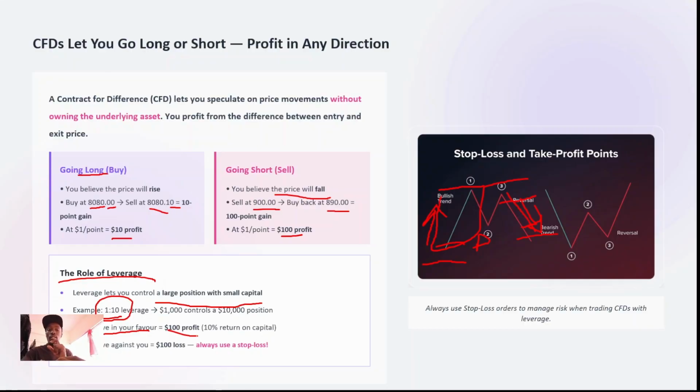That's a 10% return on your capital. Now, if the same move goes against you, you're going to lose the $100. That is why the stop loss comes in. So always make sure you use your stop loss when trading. So let's get into the next one.